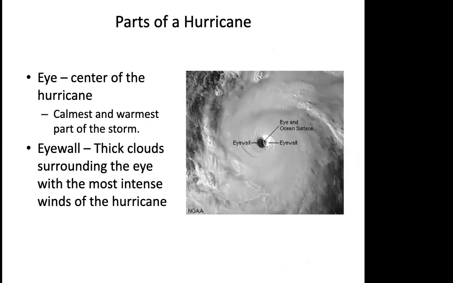So the eye is the center. You read that it was the calmest, but what's it bringing? All the wind and rain. So when we talk about it being the calmest and warmest part, what's it going to do as it expands outward?